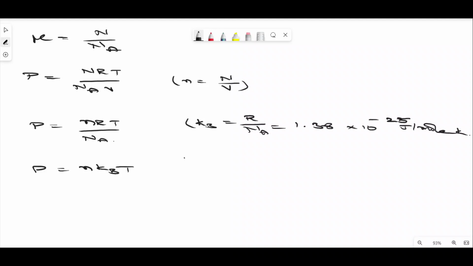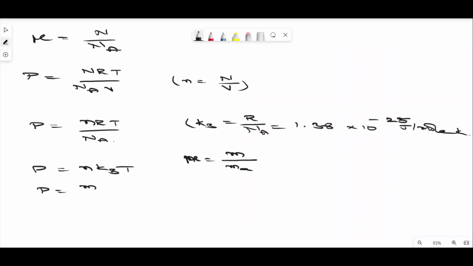Whereas when we try to represent the same expression in terms of mass, we know that N is equal to mass of the given gas by atomic mass. From this, as we substitute, here N is nothing but the number of moles mu.